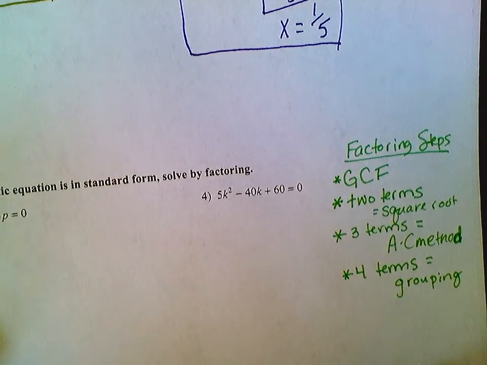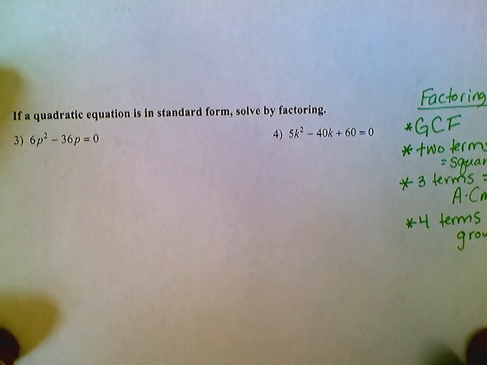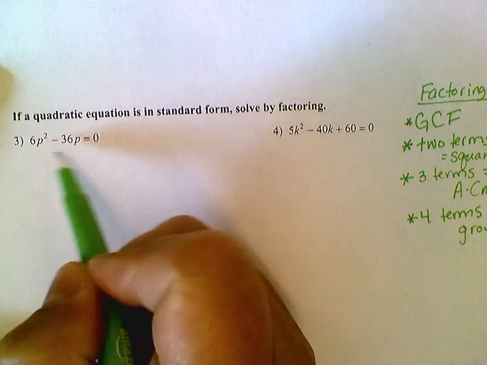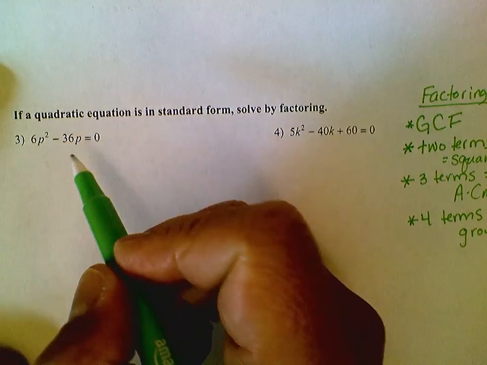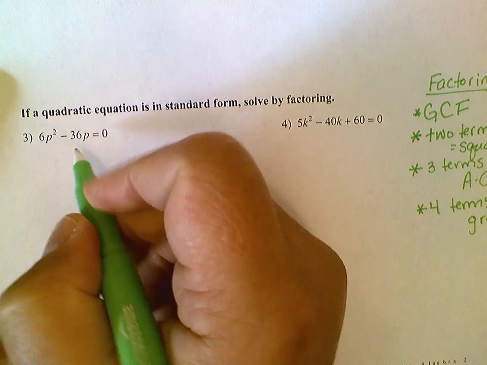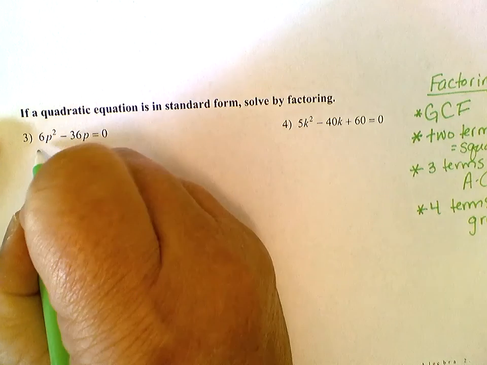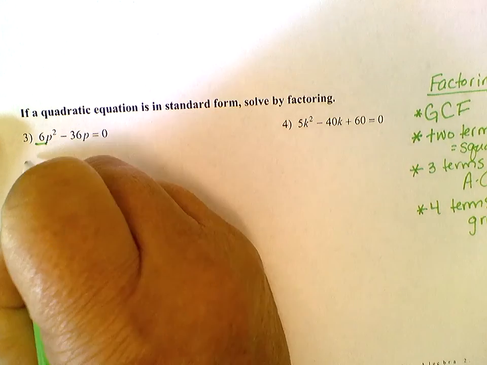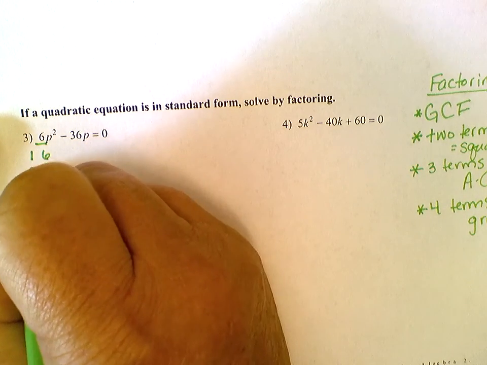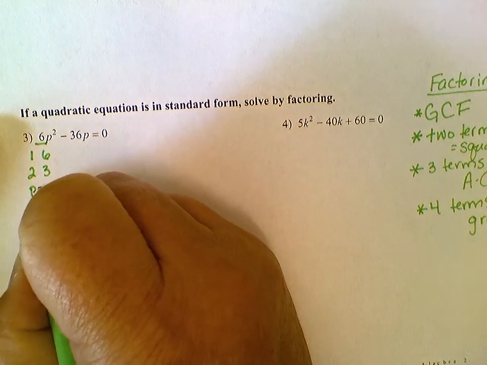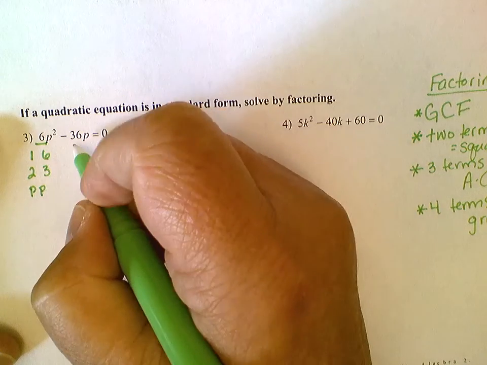So let's look at number 3. The first thing I'm going to look for is the GCF. I actually do have two terms. So when I'm looking for the GCF, I list all the factor pairs. For 6, the factor pairs are 1 and 6, 2 and 3. And then I have p squared, so I have two of them.